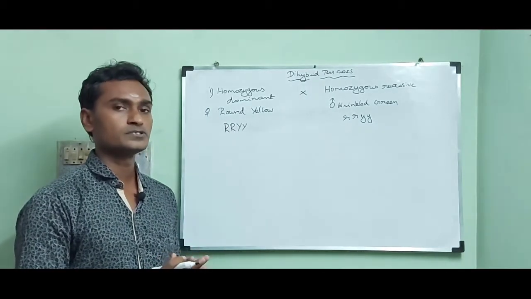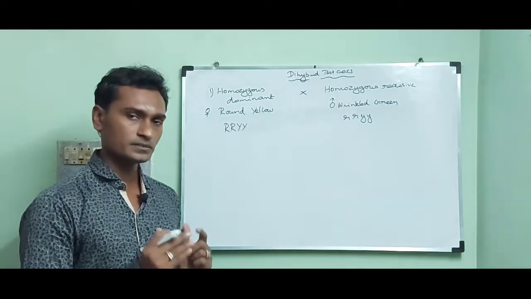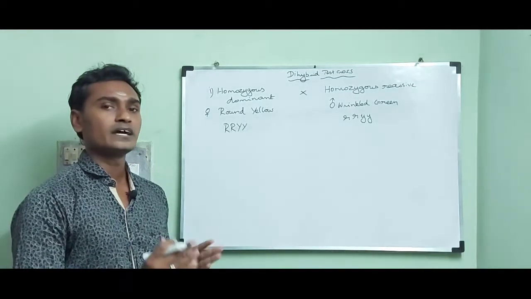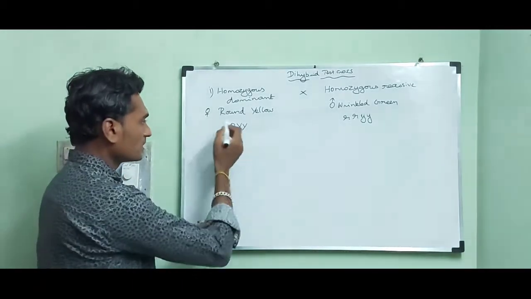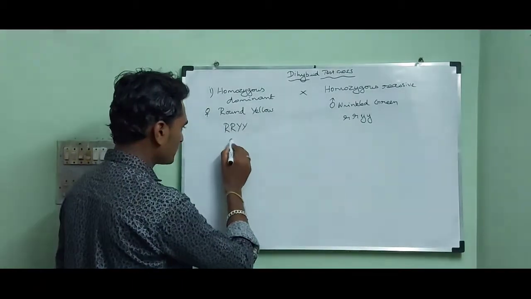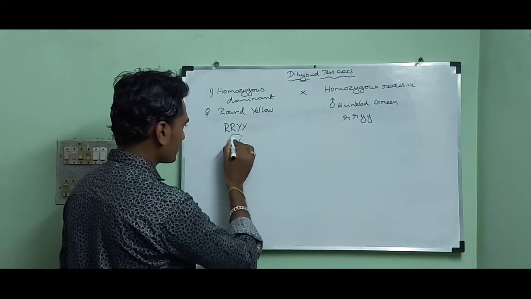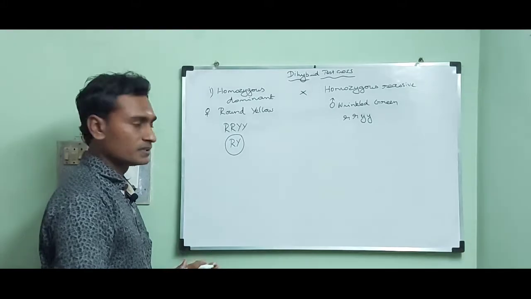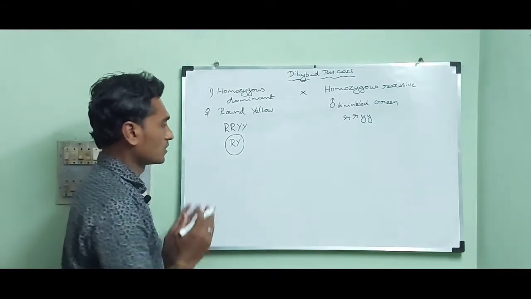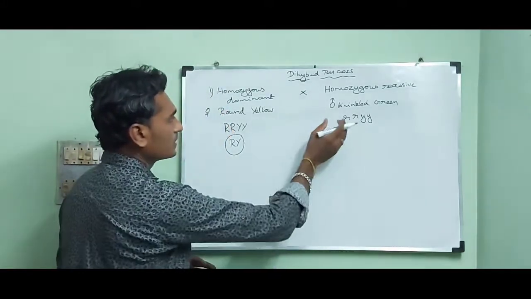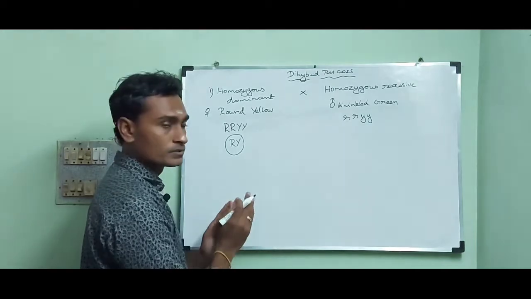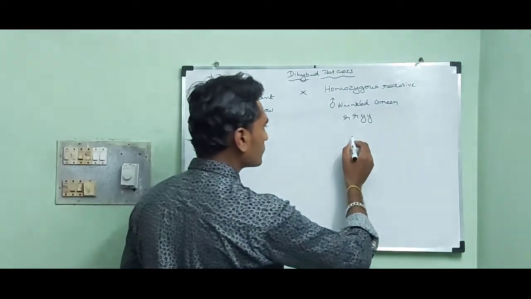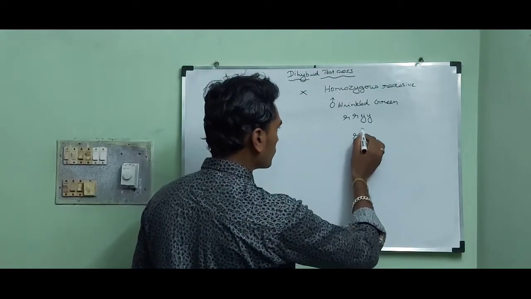The gametes should be produced by the process meiosis, and the gametes produced by the dominant parent are capital R, capital Y. Then the gametes produced by the recessive parent are small r, small y.